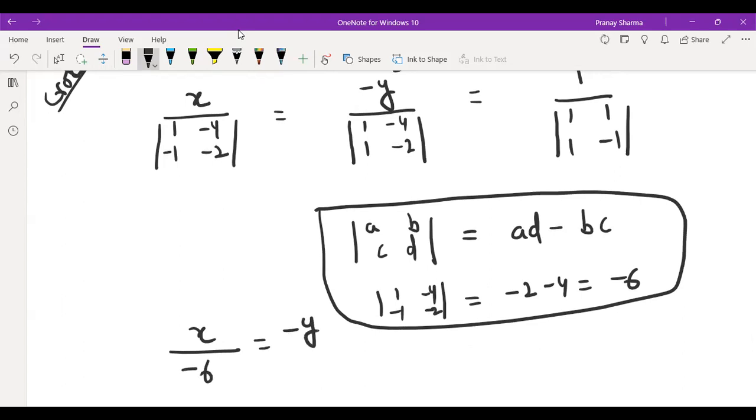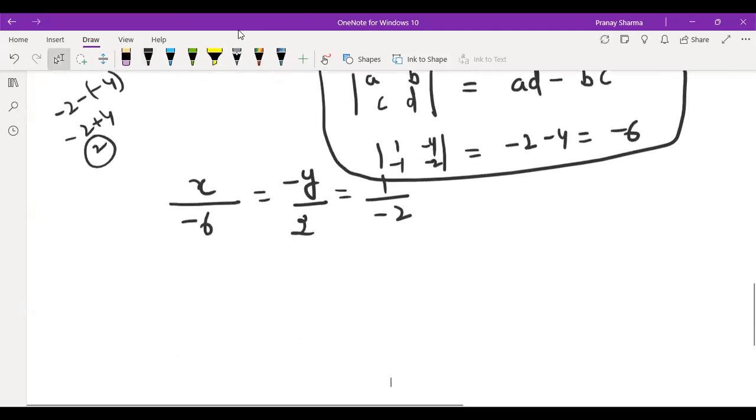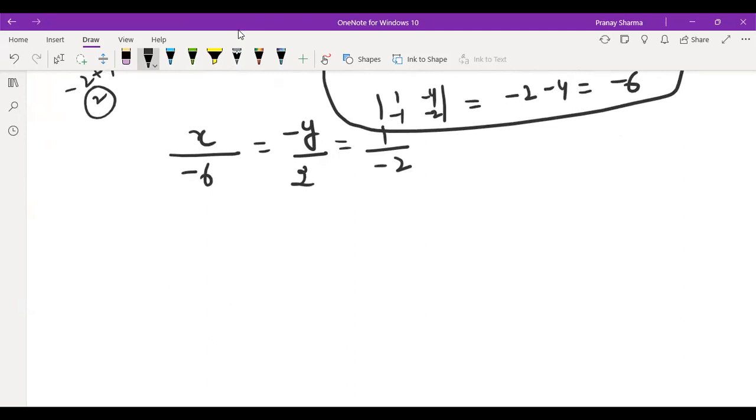What about this part? It will be -2 minus of -4, that is -2 plus 4. That means 2 will be the answer here. And what about the last part? It will be -1 minus 1, which is -2. So we got different values now.